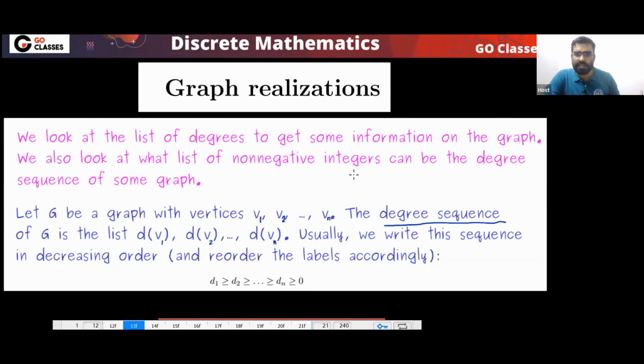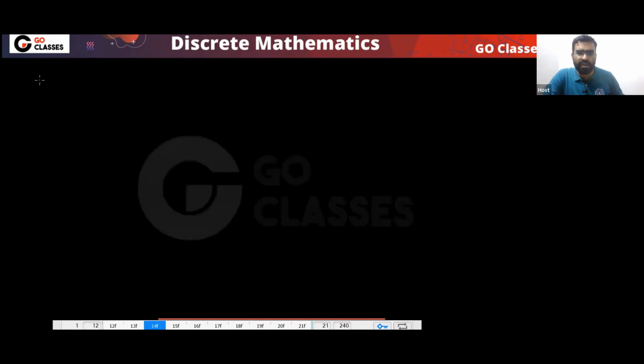Now let's move on. Normally this degree sequence will be given to you, but some other information also can be given. So basically, we look at the degrees and we try to find out whether we can create a graph or not. You already know what a degree sequence is. First let's understand it.